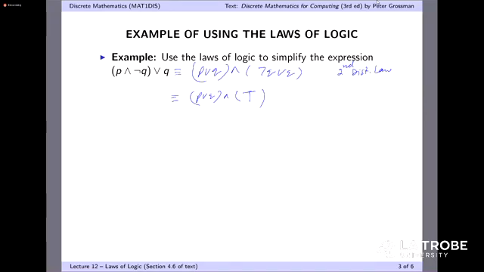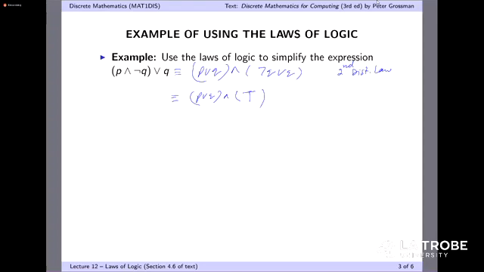And what law is that? Can you tell me what law is that? No, I did not cancel anything here. It's the inverse law.